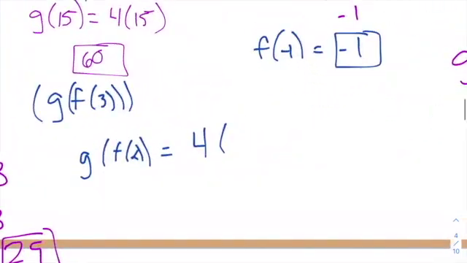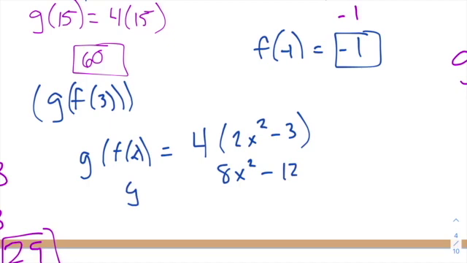So I could have said 4 times 2x squared minus 3. So I could have ended up with 8x squared minus 12. Then I could have plugged 3 into this g of f of x function.